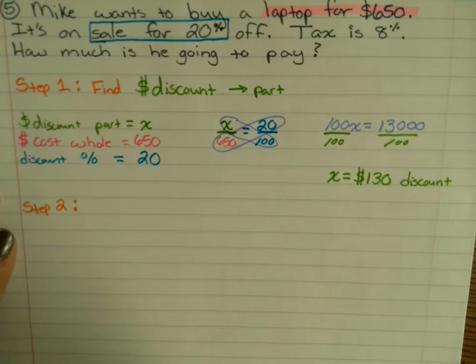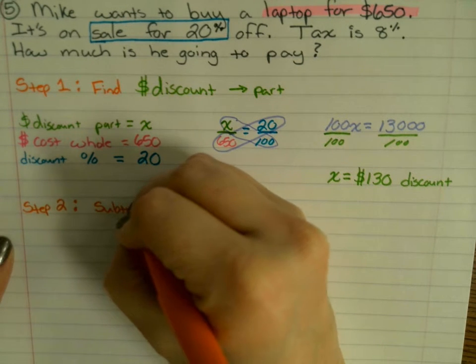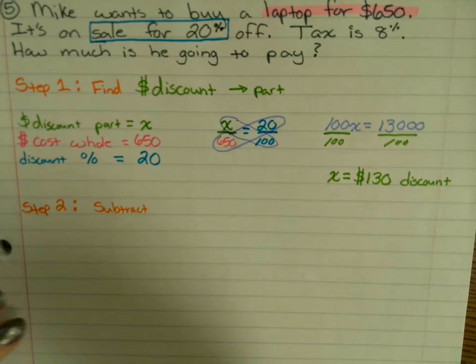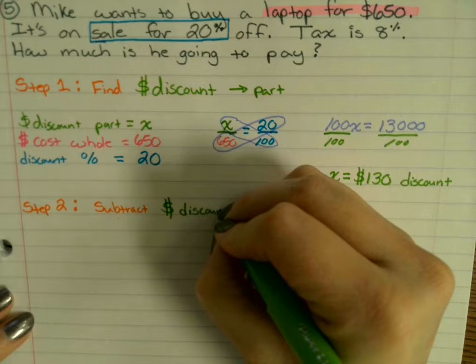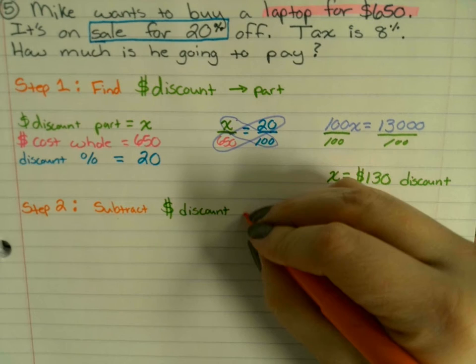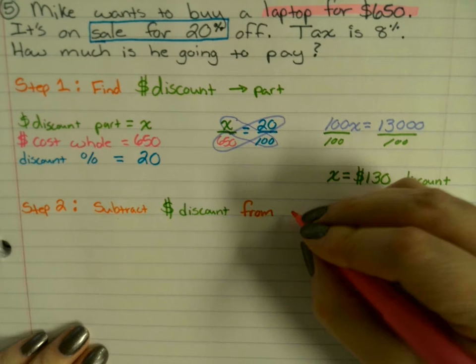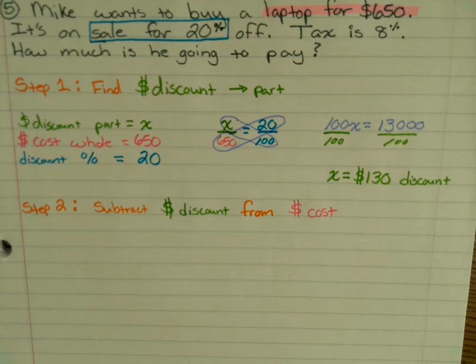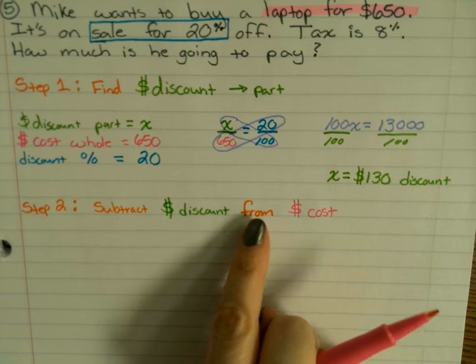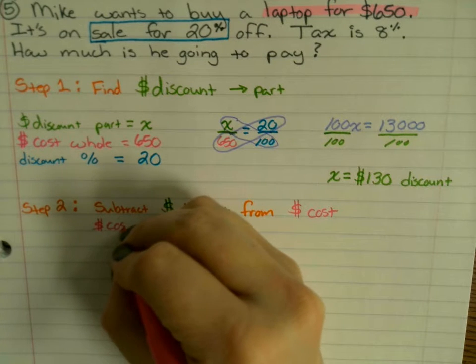Our step 2, we are going to subtract your money discount from your money cost. Okay, you're subtracting your money discount away from your money cost. So my cost was $650.